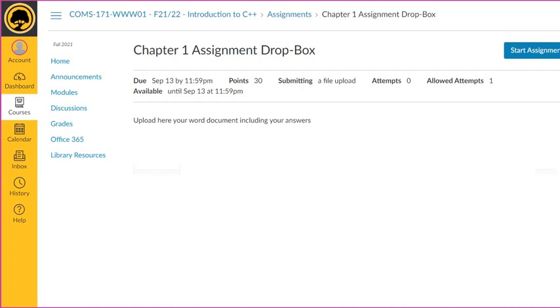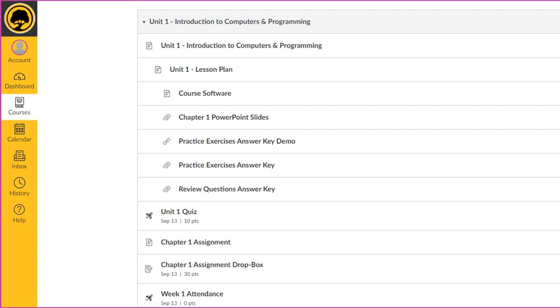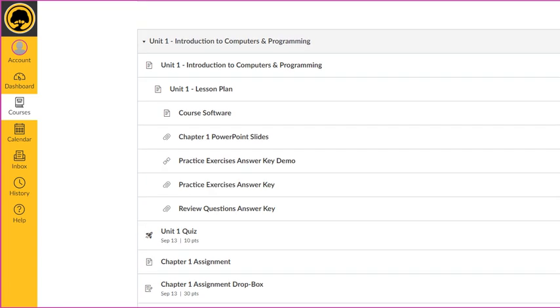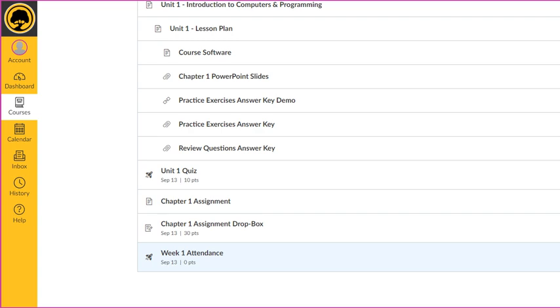So start the assignment and just upload your Word document. A single Word document is more than enough for you to turn them in. And once again, it's pretty straightforward, not a whole lot in it. And then, of course, don't forget to complete your weekly attendance. And that's how the course is going to run on a weekly basis.